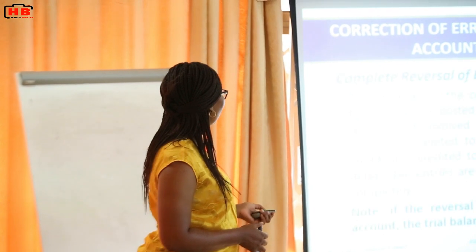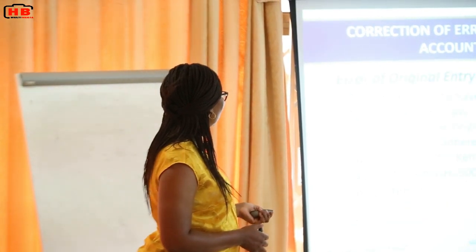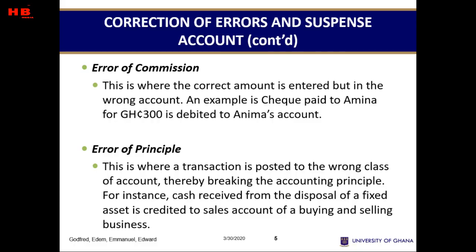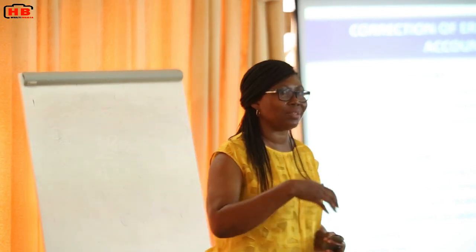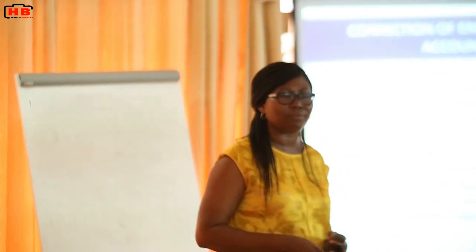Then we also have the error of commission. With an error of commission, the correct amount is entered but in the wrong account. So we all know the various accounts, the individual general ledger accounts we have.